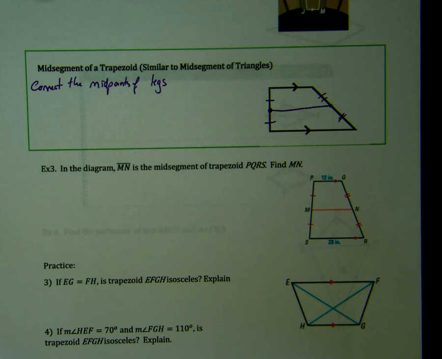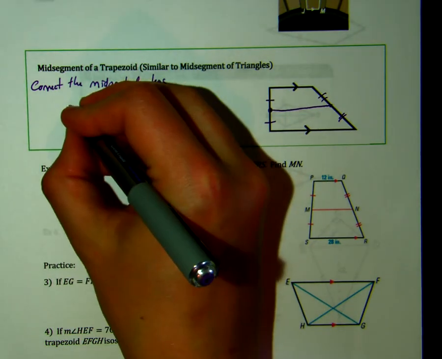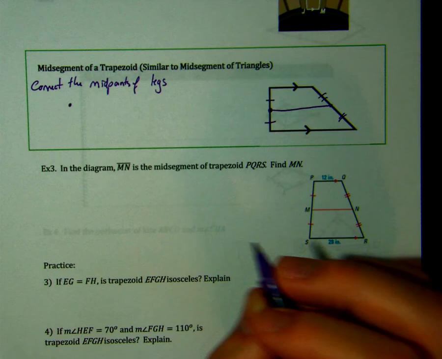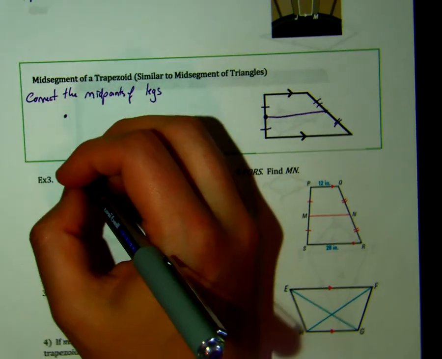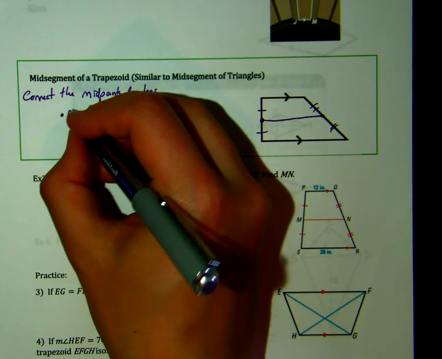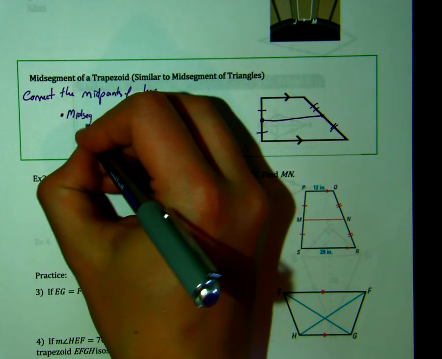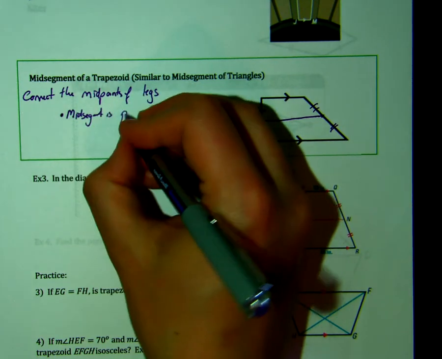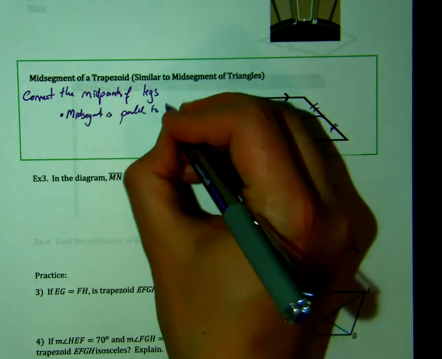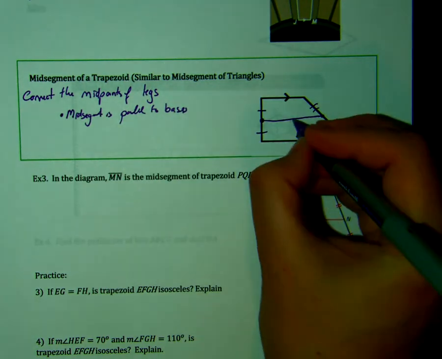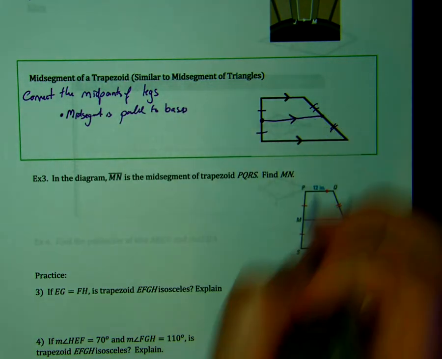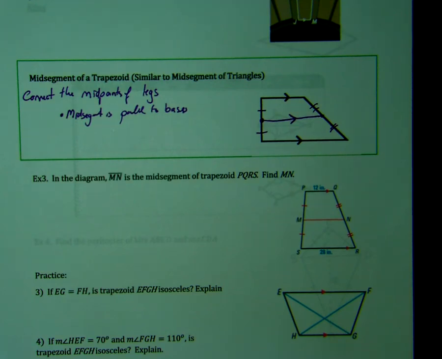So the mid-segment of the trapezoid has a couple of properties that are reminiscent of the mid-segment of a triangle. The first is that the midsegment is parallel to the bases. In a triangle, remember, the midsegment is parallel to the third side, so similar idea here.